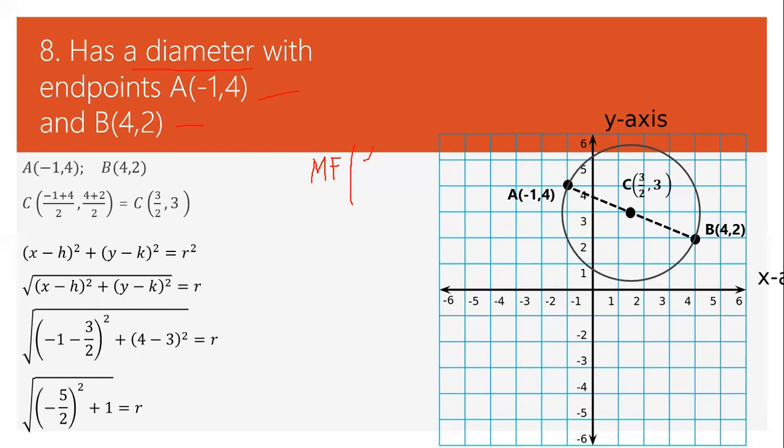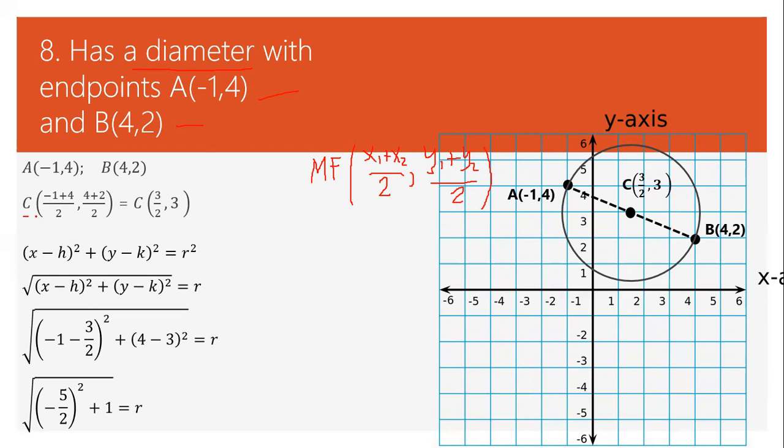So you will add x sub 1 and x sub 2, and divide it by 2 to get the abscissa, or the x coordinate of the center. And then for y, add y sub 1 plus y sub 2 and divide it by 2 to get the ordinate, or the y coordinate of the center.